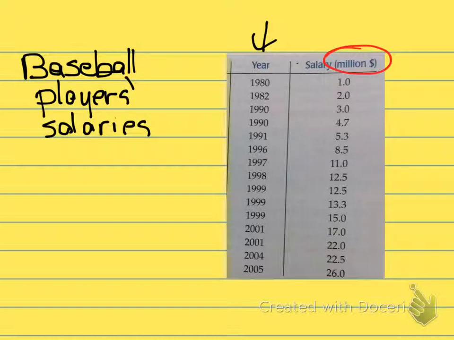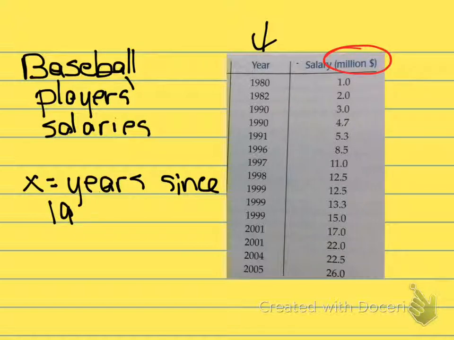So what we're going to do is define our x variable to be the years since, and you can pick 1975. Could have been the years from 1980 or the years from 1900 or anything like that, but we want to be able to make these a little smaller.